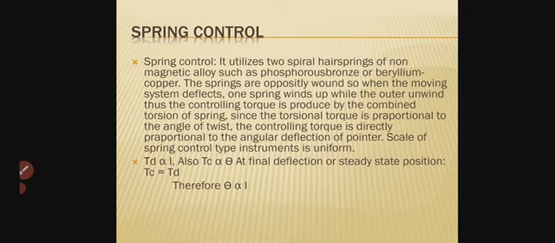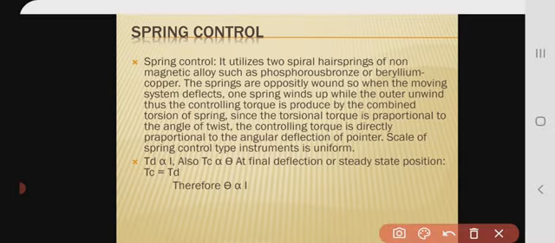Since the torsional torque of a spiral spring is proportional to the angle of twist, the controlling torque, denoted by Tc, is directly proportional to the angle of deflection of the pointer, theta. Tc is directly proportional to theta.